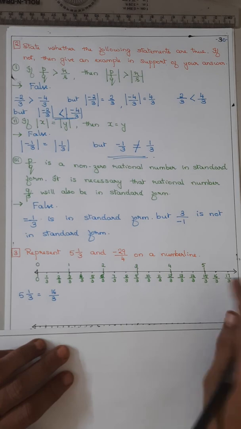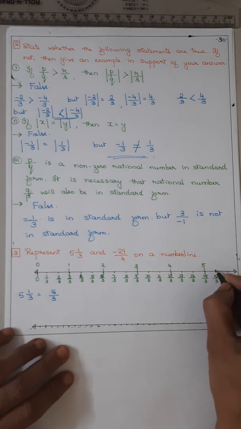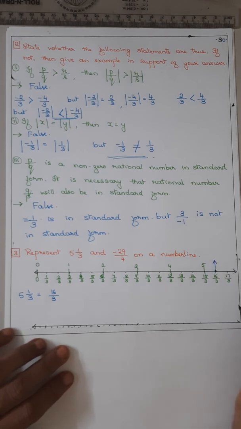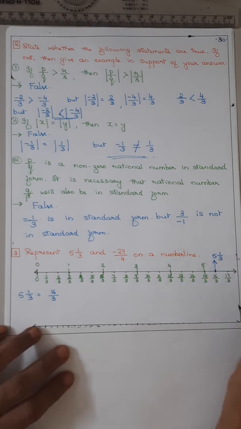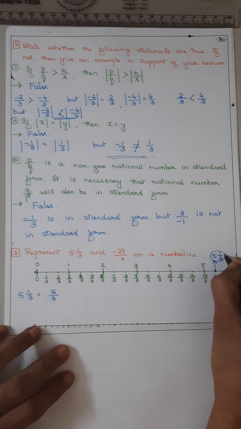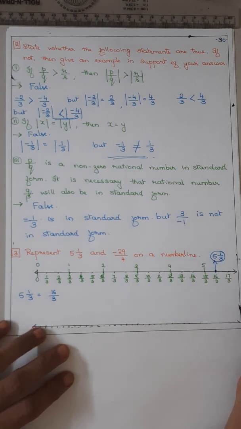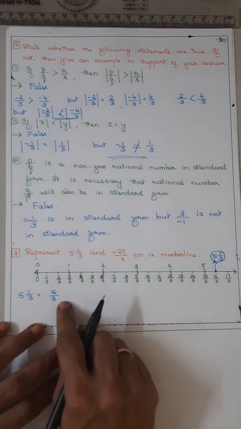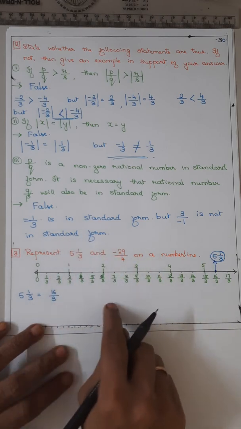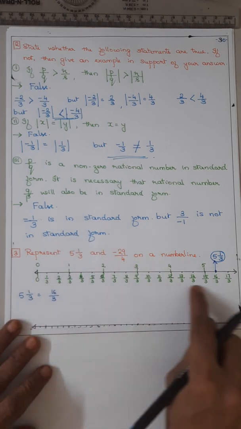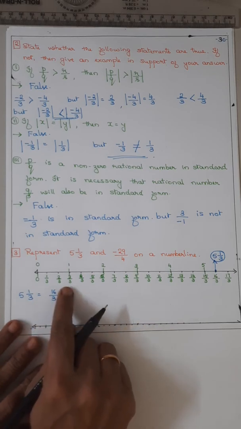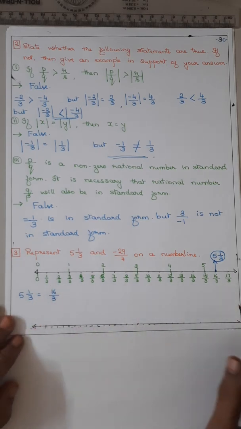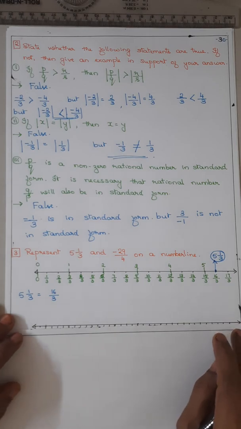It is here, isn't it? 5 1 by 3, that is 16 by 3. Is it clear? So divide each division into, the denominator is 3. Then you draw the number line.